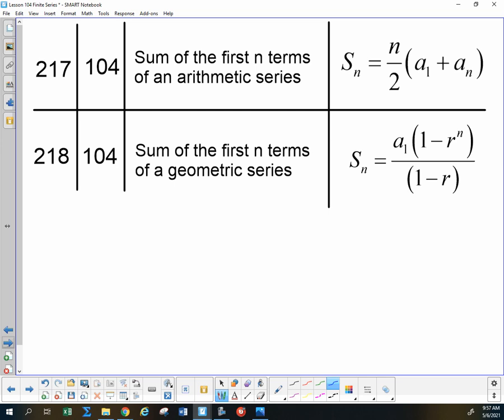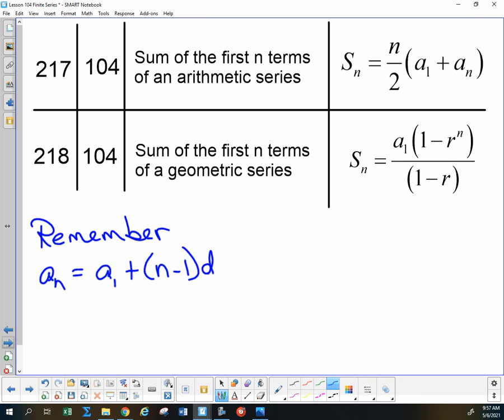Now, it will be nice if every time they ask us about an arithmetic series, they tell us the first and the last term and how many terms we're talking about. But sometimes they won't. So we need to also remember what we have already learned, that if it is an arithmetic list of numbers, the nth term is the first term plus n minus 1 times d.